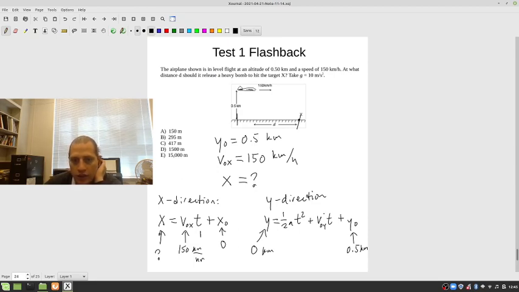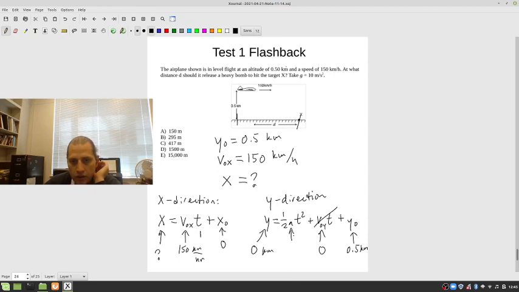Your initial velocity in the y direction is 0. Why? Because I'm not lobbing this up. If I'm just lobbing it forward, it starts not moving up and down, and it only starts moving in the downward y direction because of the gravitational acceleration. So this term goes away.